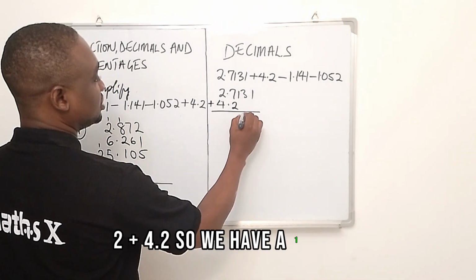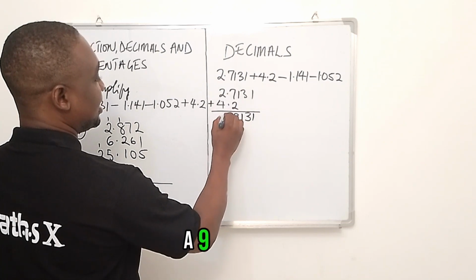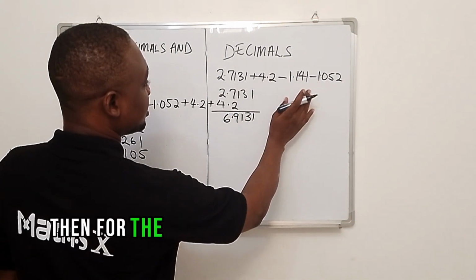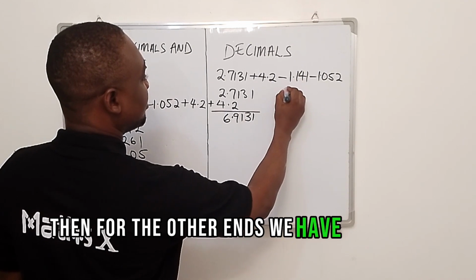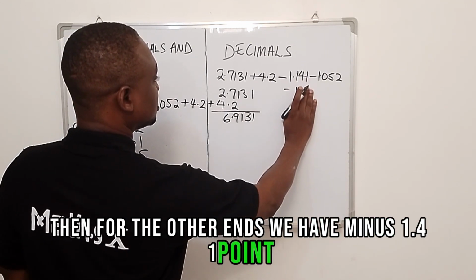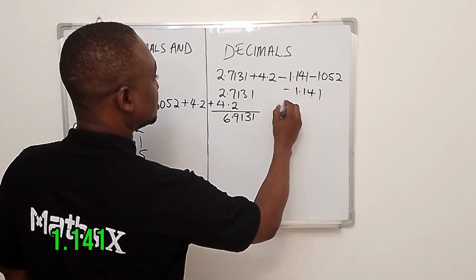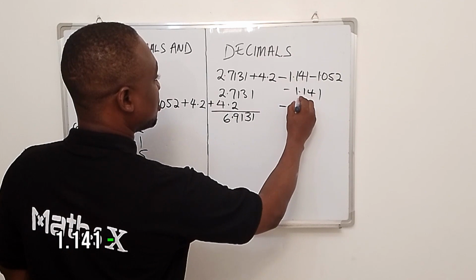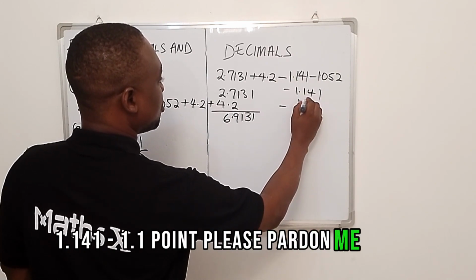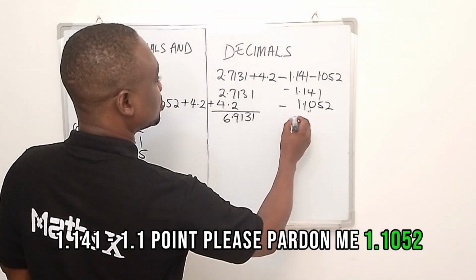We have a 1, a 3, a 1, a 9, and a 6. Then for the other ends, we have minus 1.141 minus 1.052.